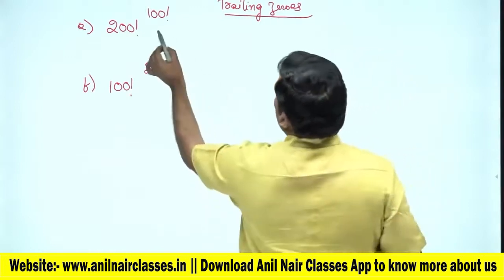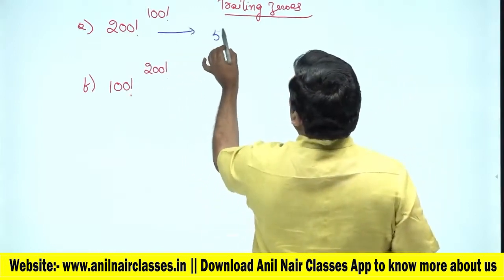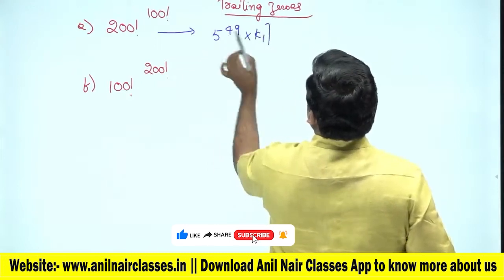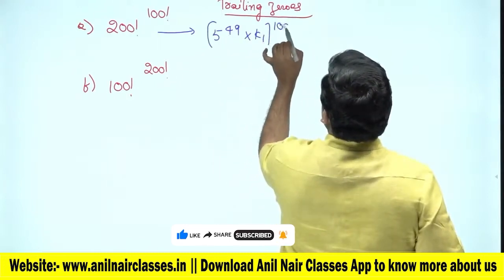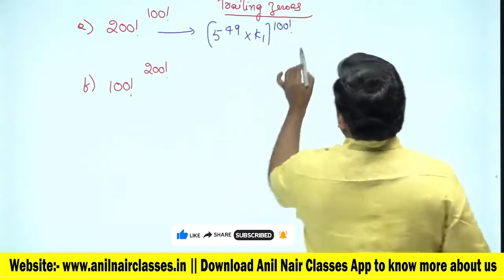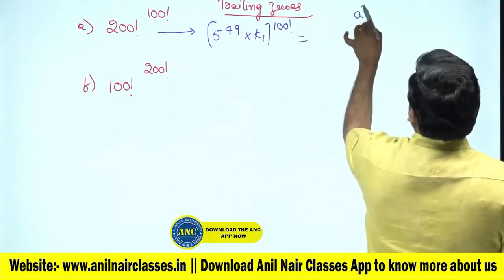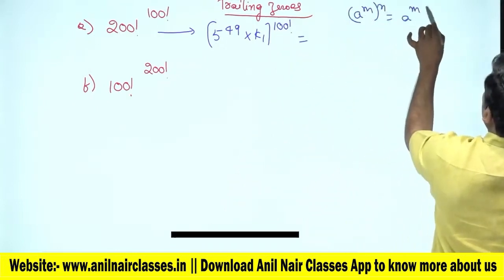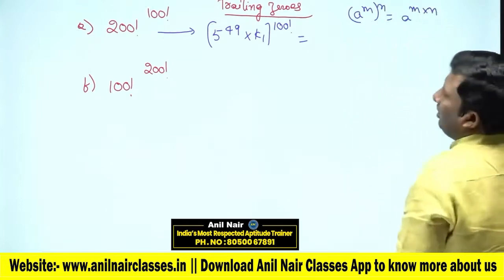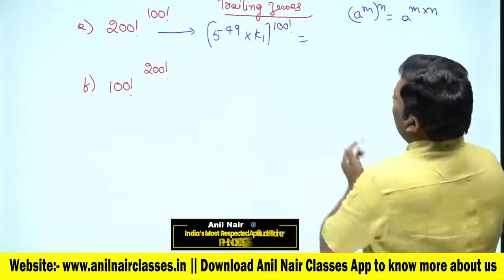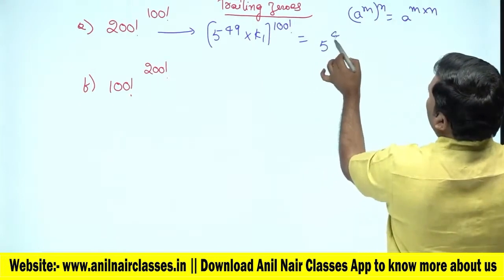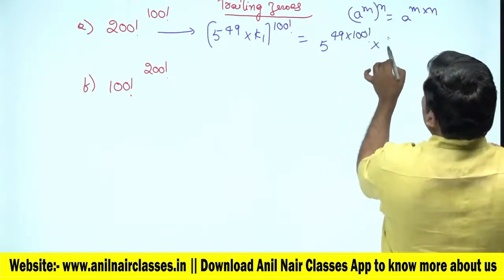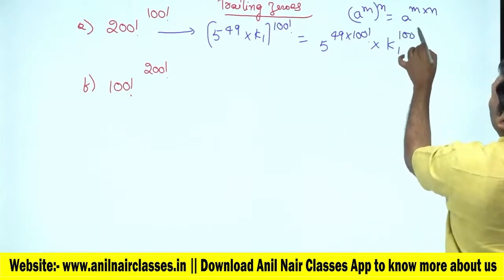So 5 power 200 factorial: in 200 factorial, we got 5 power 49 into k1, all raised to the power 100 factorial. (a^m)^n is a^(m×n). So it is 5 power 49 into 100 factorial, into k1 power 100 factorial.